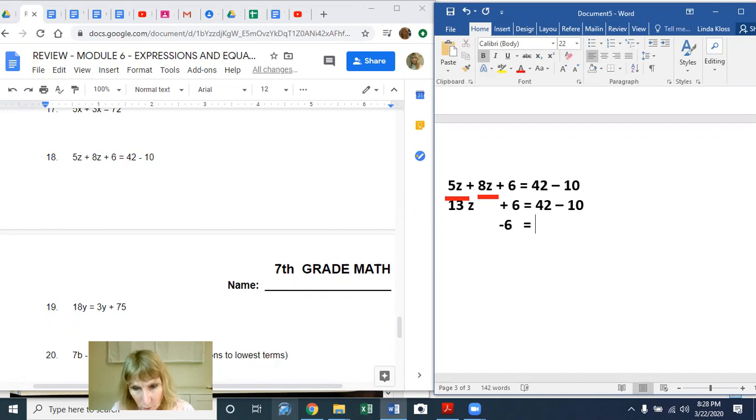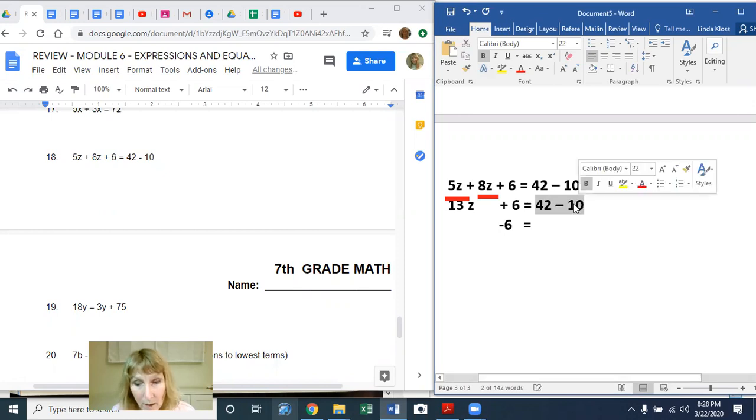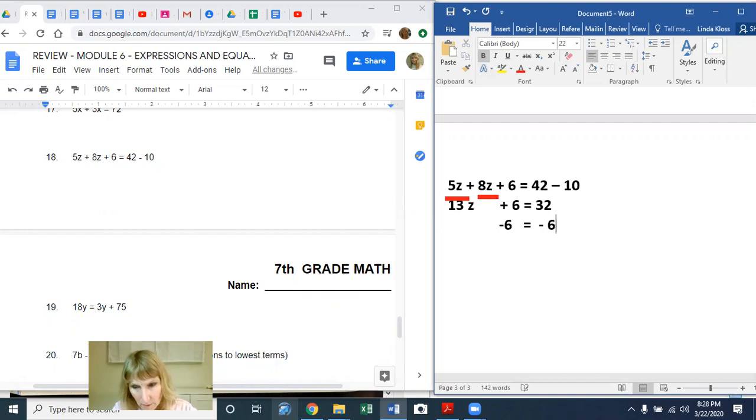And before I do that, I'm just going to take these two right here and combine them right away. So what is 42 minus 10? 32. So now it'll be a little easier. So minus 6. And now I can put my little line underneath. I like to line this up a little bit better.